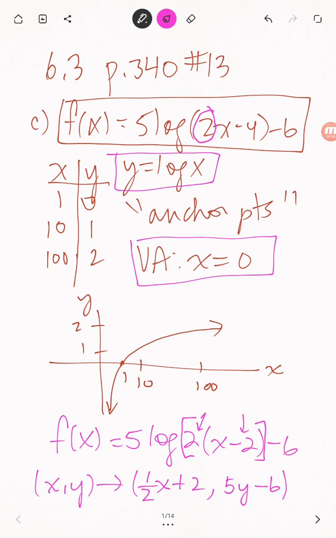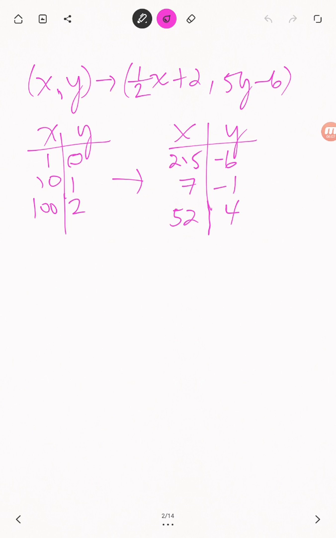Well, according to our mapping notation, we have a horizontal shift 2 units to the right, and that is the only thing that will affect our vertical asymptote. The horizontal stretch or compression does not. None of the vertical transformations will affect it because it's always in terms of x. So x equals 2 is our new vertical asymptote. It's been shifted 2 units to the right, just like all of the points on the function.